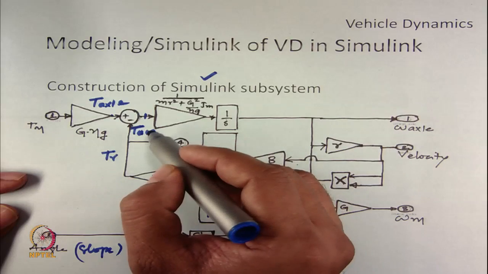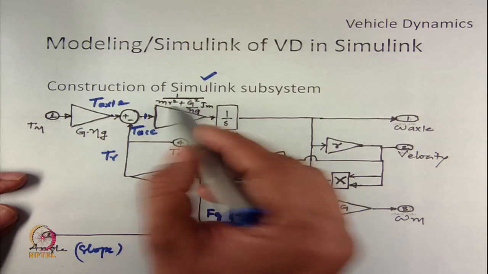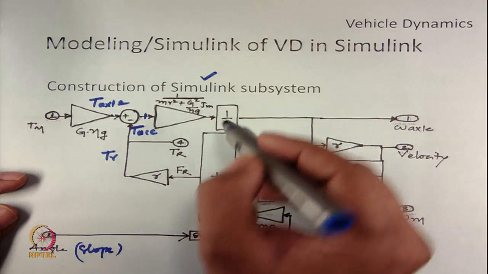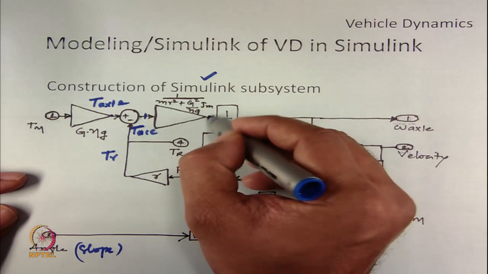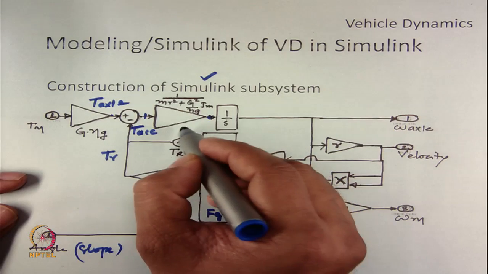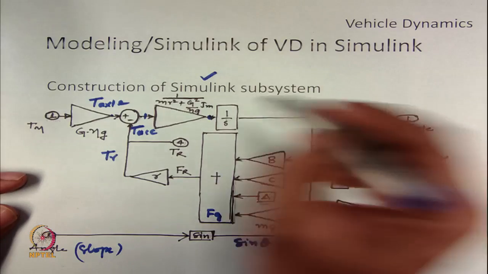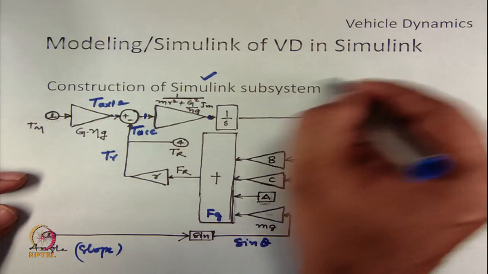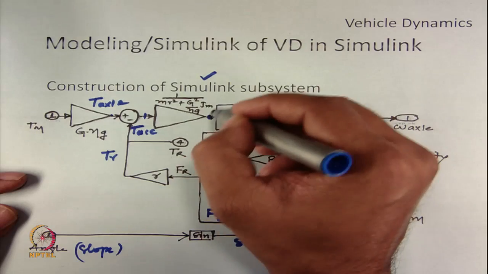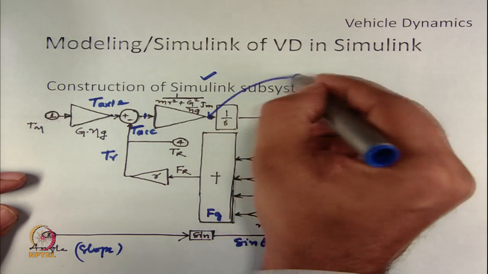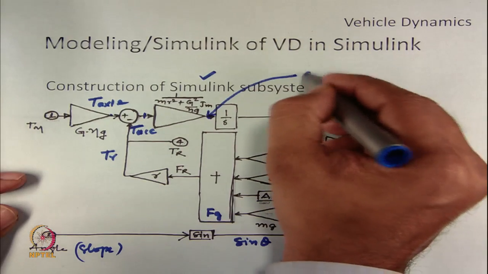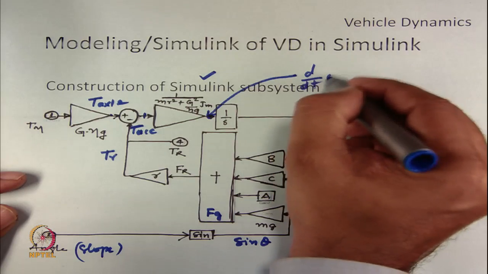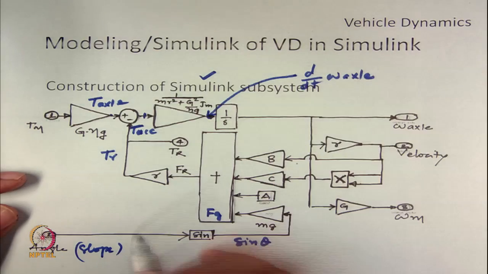So, if you divide this T acceleration by this equivalent inertia, basically here we will get a term which is d by dt of omega axle.